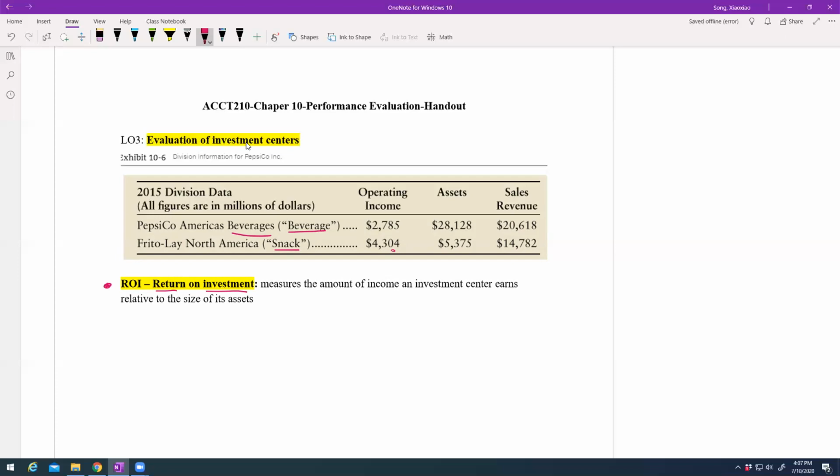We have to scale them, so you can compare orange with orange or apple with apple. You cannot compare your small business with Google. You have to scale based on your assets, or based on the size. So return on investment is your return divided by your investment.